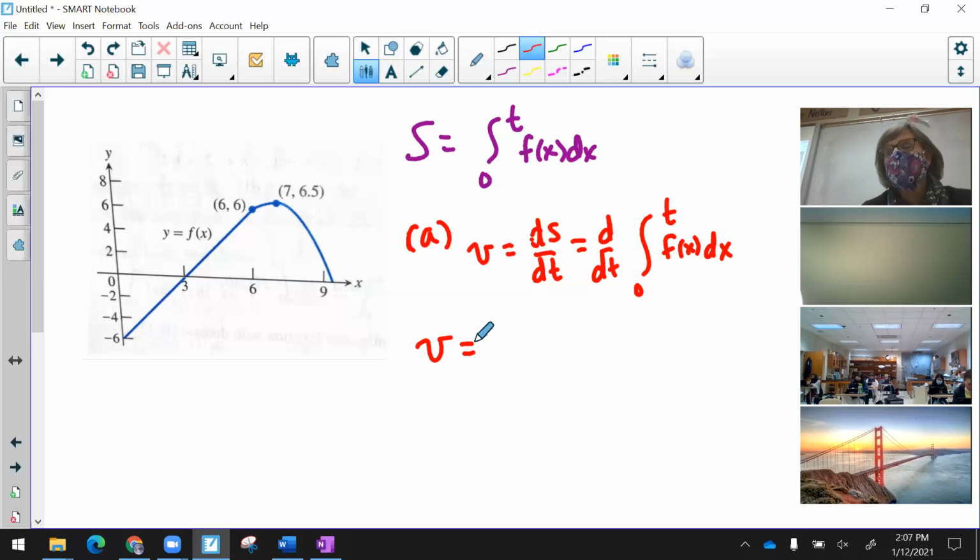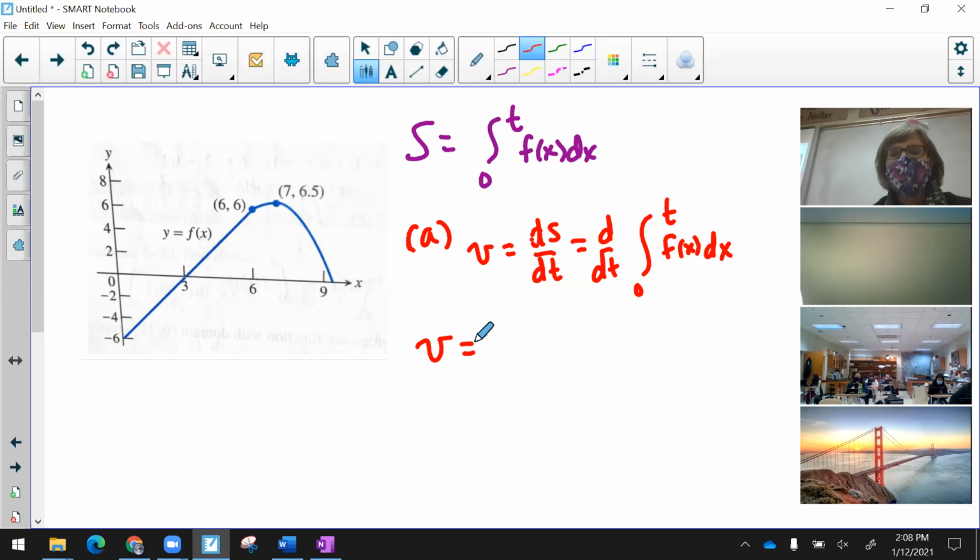What's my theorem when I'm talking about taking the derivative of an integral? What theorem did we spend yesterday talking about?